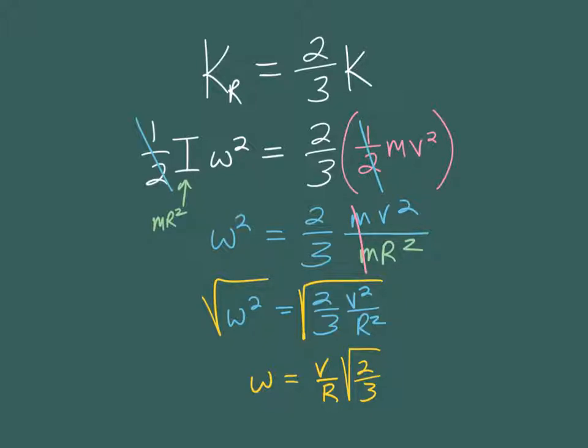All right, so we get a reasonable conclusion here, and so now we know how to go about figuring out the angular speed, which is going to be totally related to its linear speed of the thing.